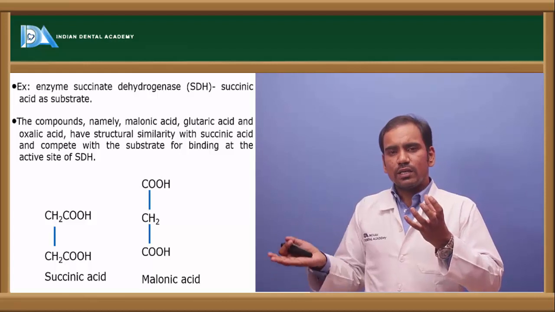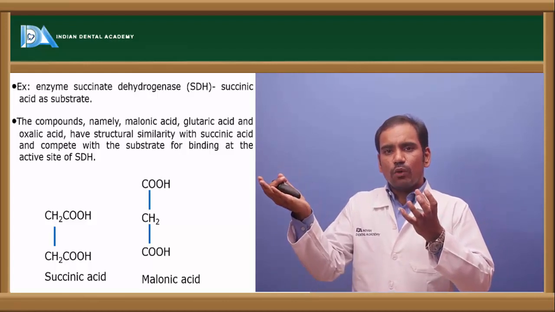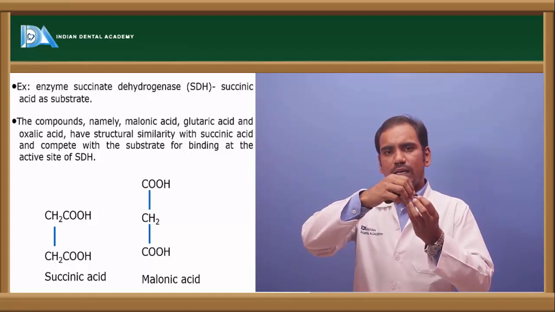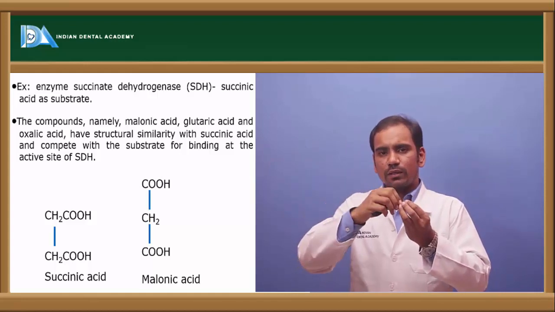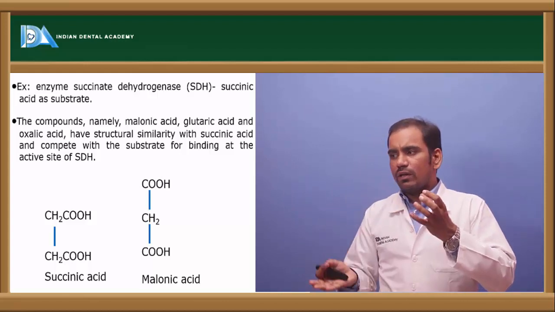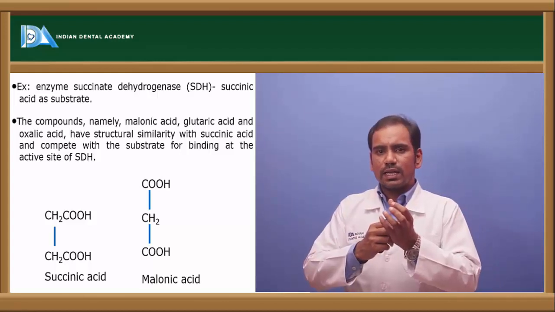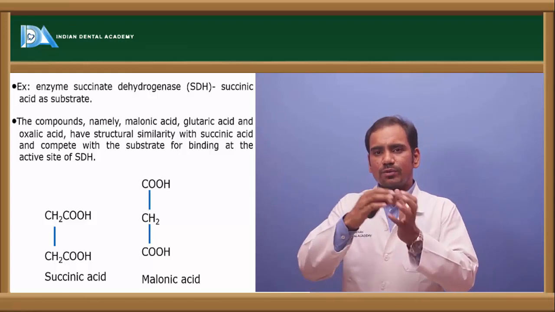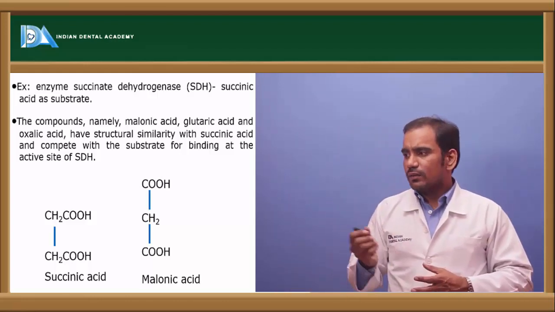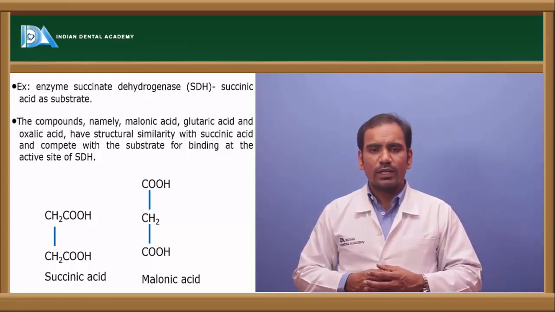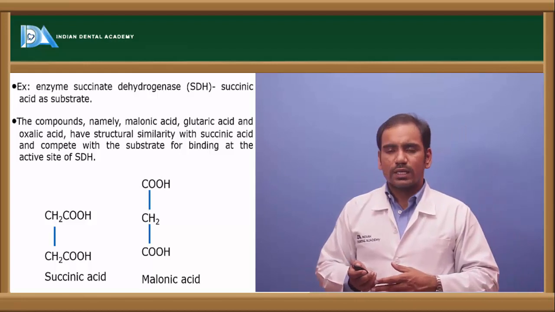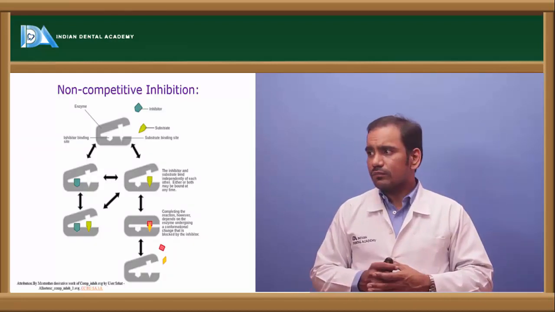When you increase the concentration of malonic acid, it binds with succinate dehydrogenase and fumarate cannot form, so it inhibits the reaction. When you increase the concentration of succinic acid, it forms the enzyme substrate complex and forms fumarate. That is the best example of competitive inhibition, malonic acid inhibiting succinate dehydrogenase.